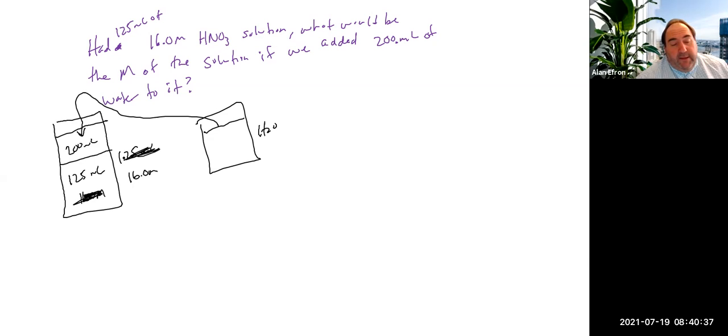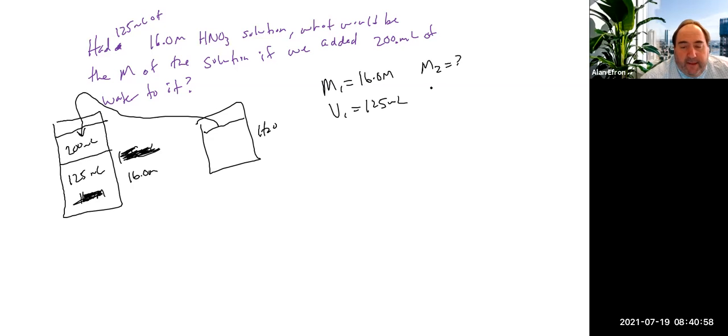So when we look at this, we have a couple of things given to us. First off, this number here and this number is most likely what we're starting with. So our M1 is 16 molar, V1 is 125 milliliters, and M2 is what we're looking for. And V2 in this case is not going to be 200, which is a common mistake.